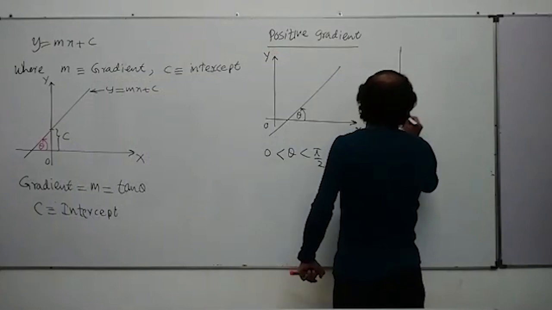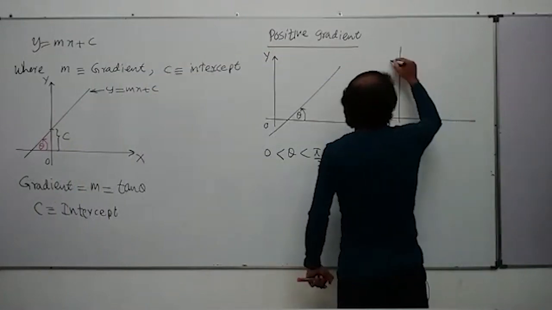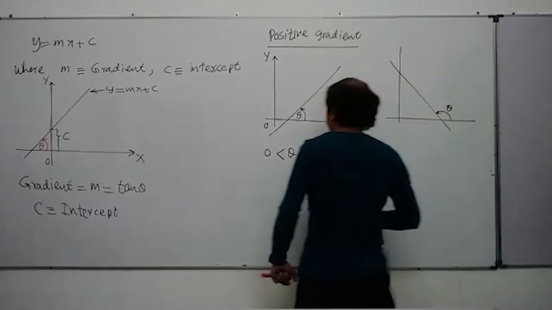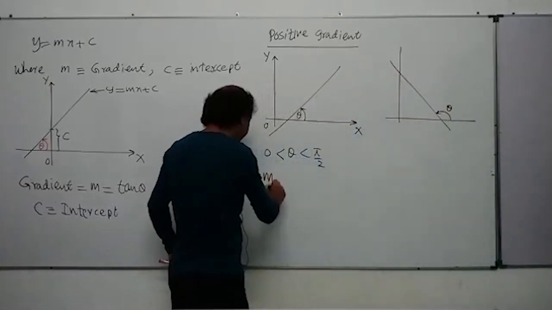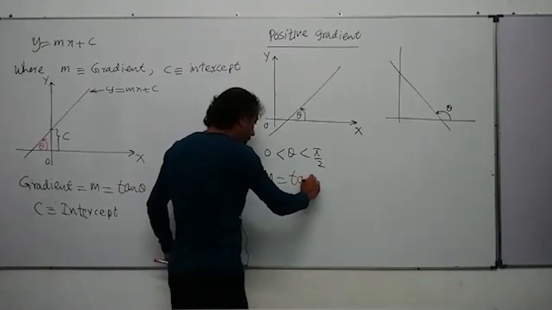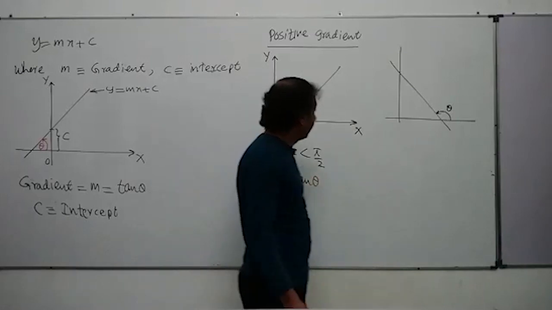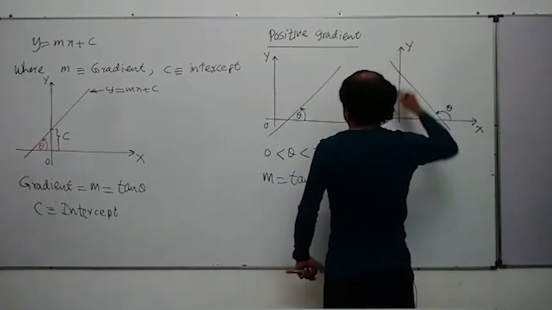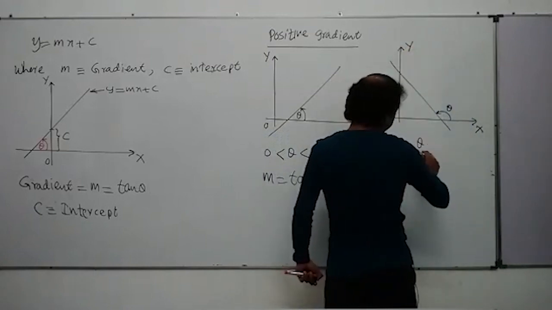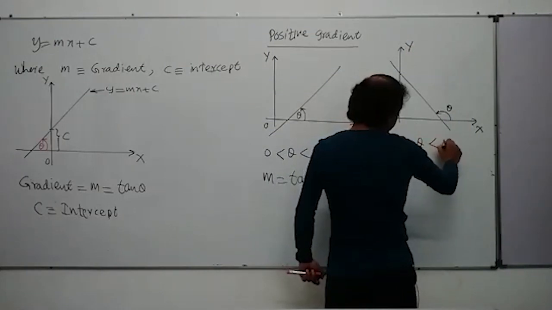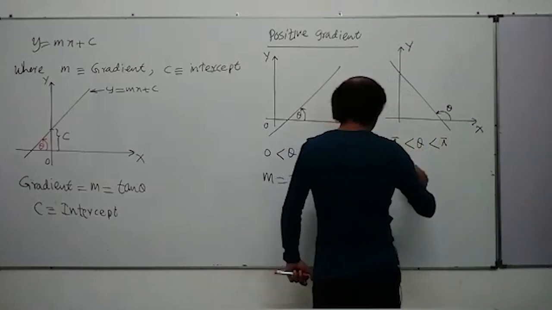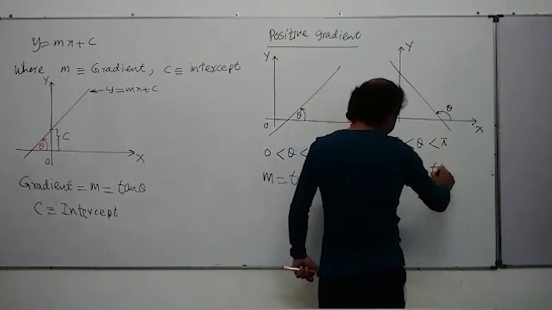Negative gradient line like this. This is the theta now. The gradient is tan theta here. Theta is greater than 90 and less than 180. m equals tan theta.